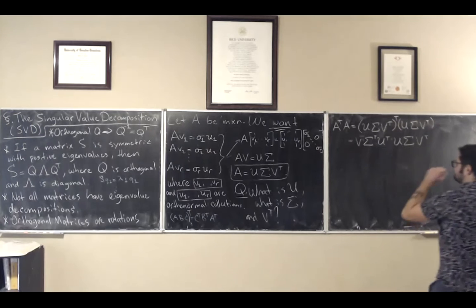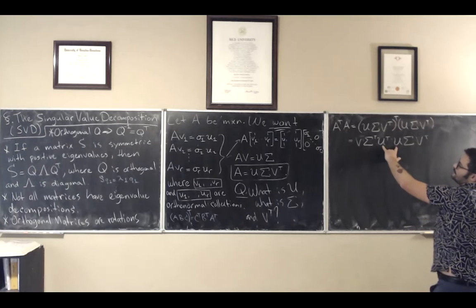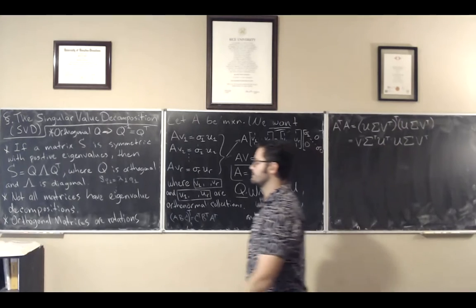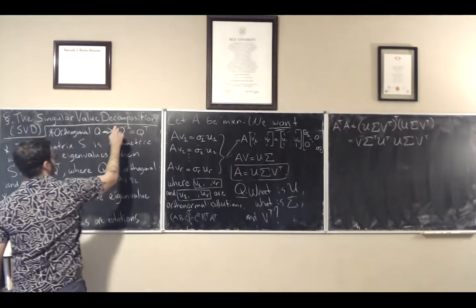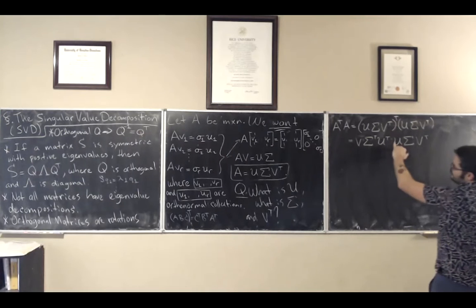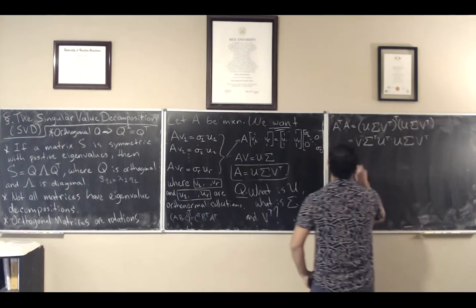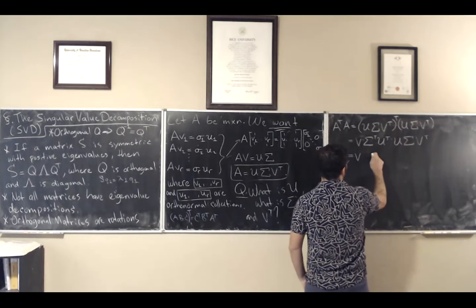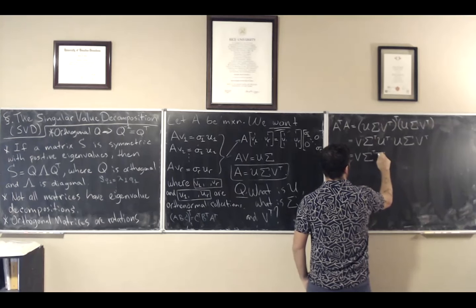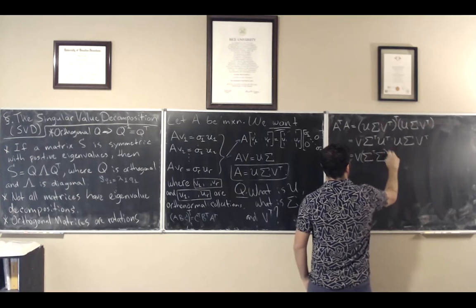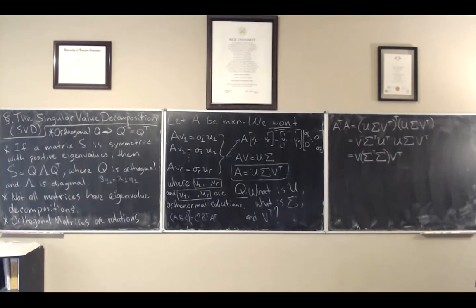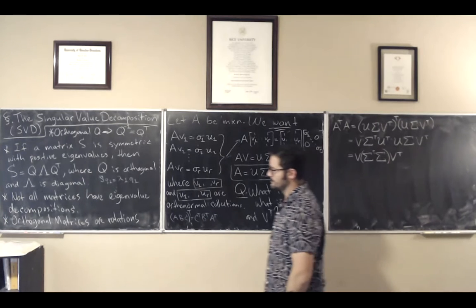Now notice that U transpose times U, well, U is an orthogonal matrix, which means that the transpose is the inverse. So U transpose times U is just the identity, that goes away. What are we left with? That looks familiar.